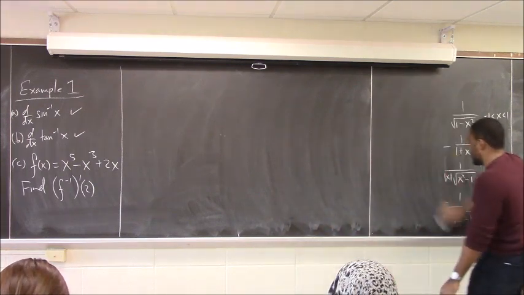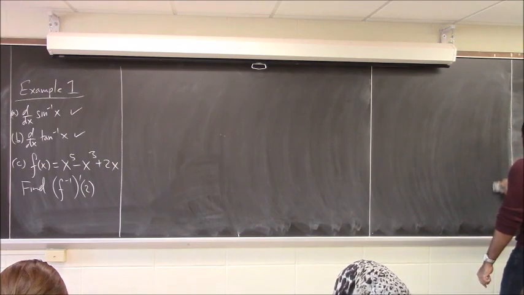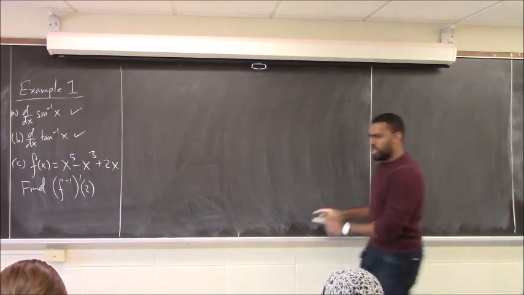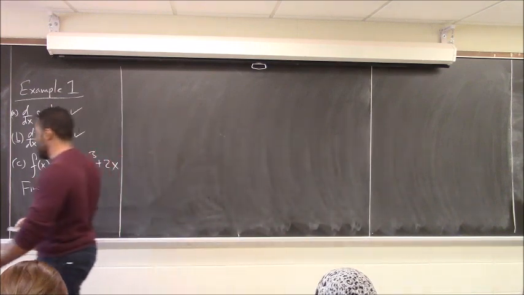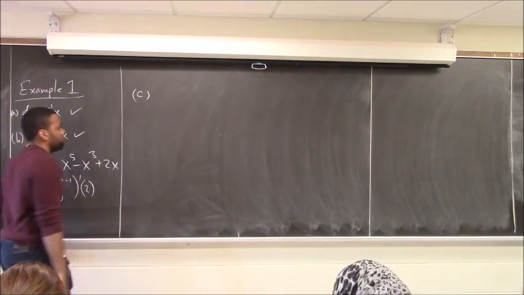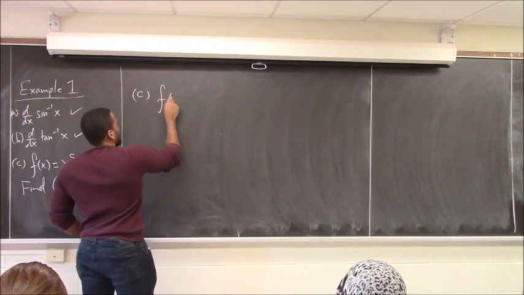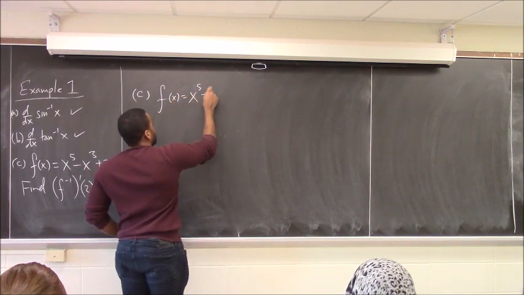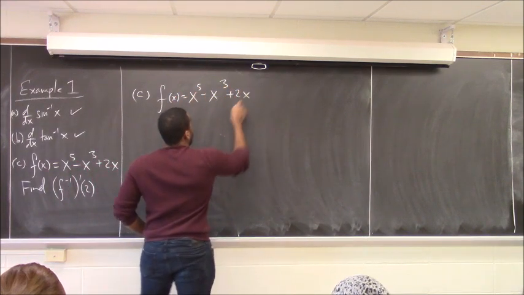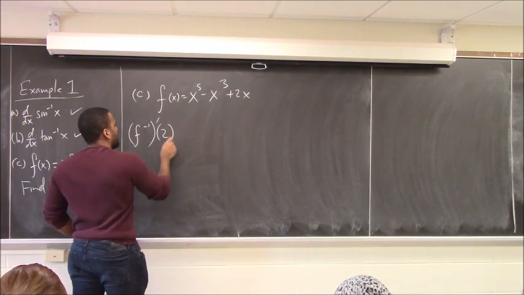And after this, we'll talk about that discussion as to why that formula is important. It's actually not super important in this case, but this will give you some appreciation as to why that formula is important. So let's actually do example C. So here, if our f of x is x to the fifth minus x cubed plus 2x, what would the derivative at 2 be?